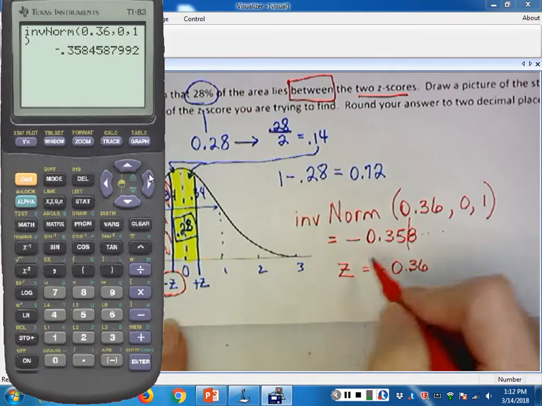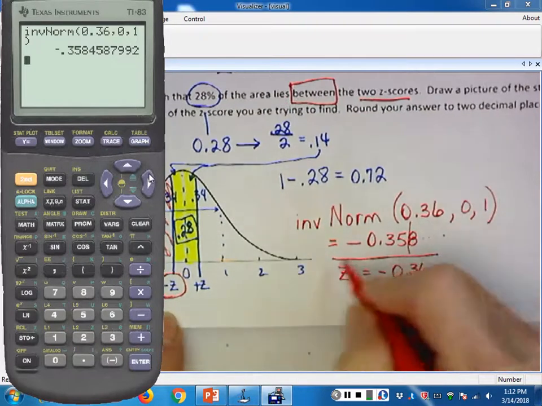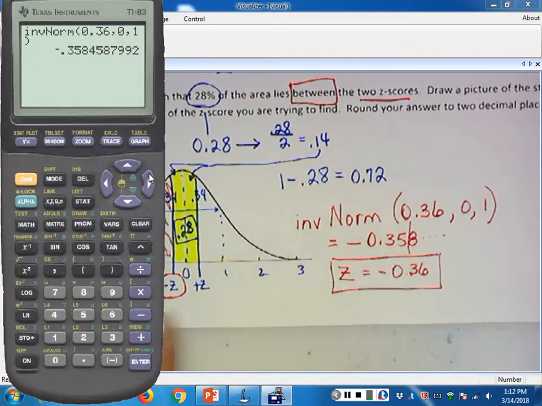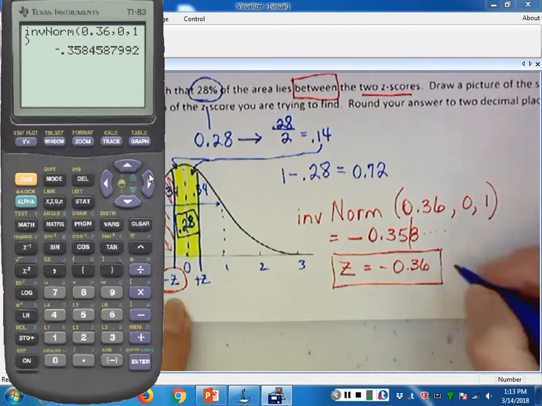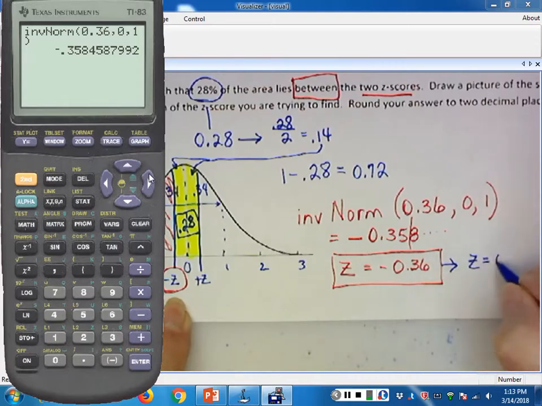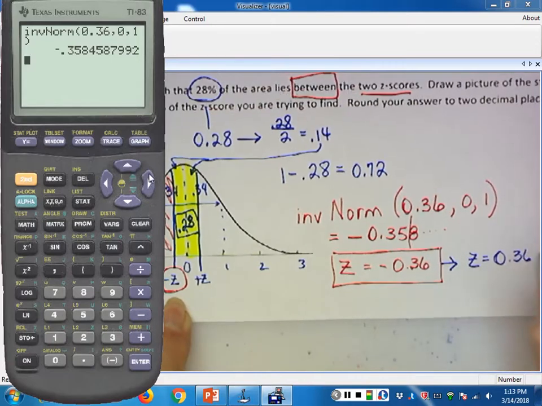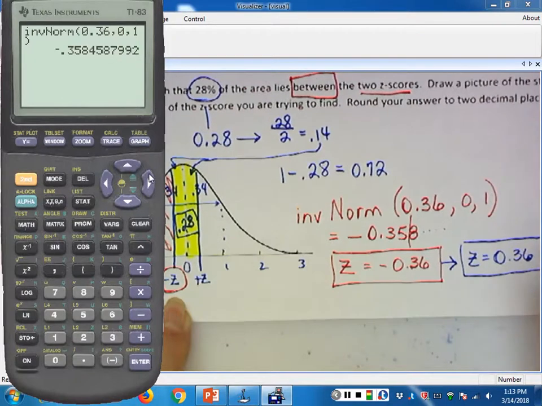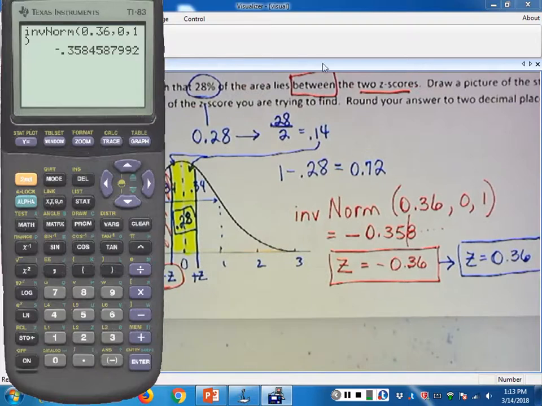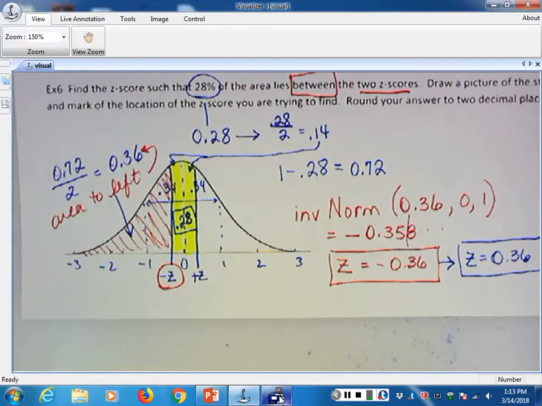Okay? And then because the curve is symmetrical, that also tells me that the other z-score is 0.36, because it's on the positive side and it's the same distance away. Questions?